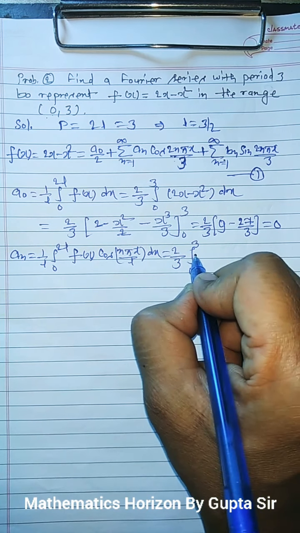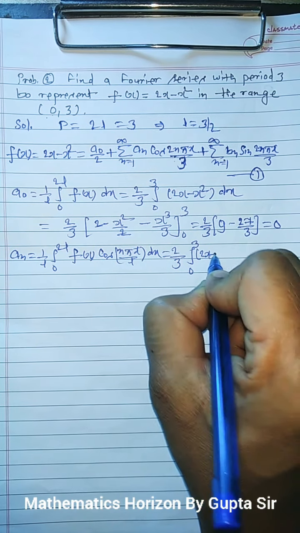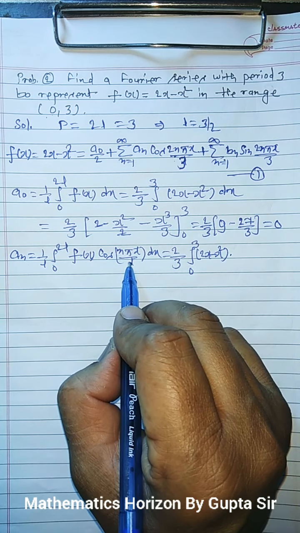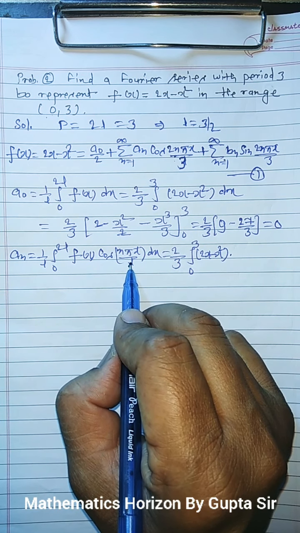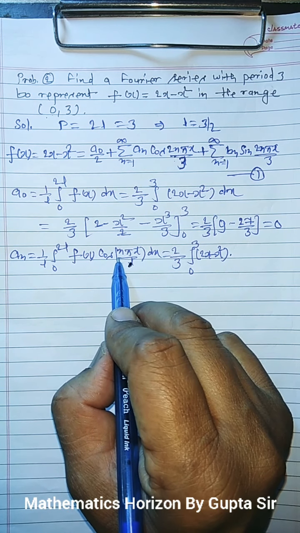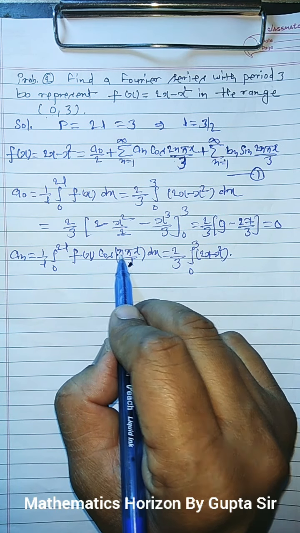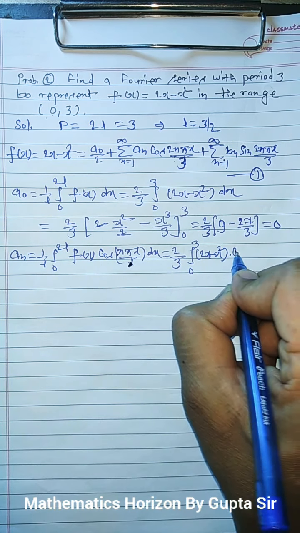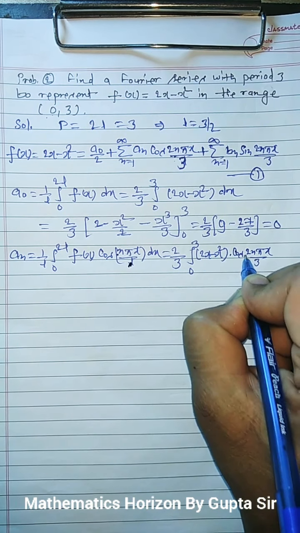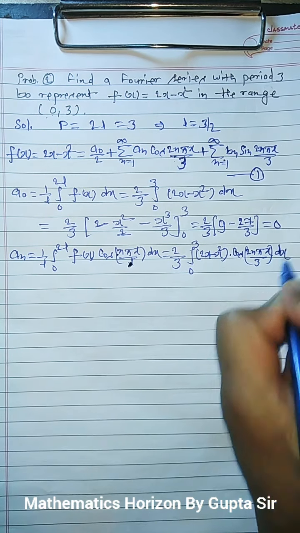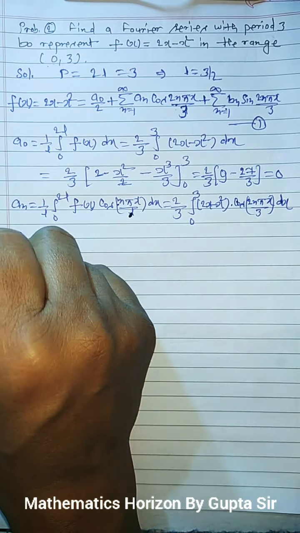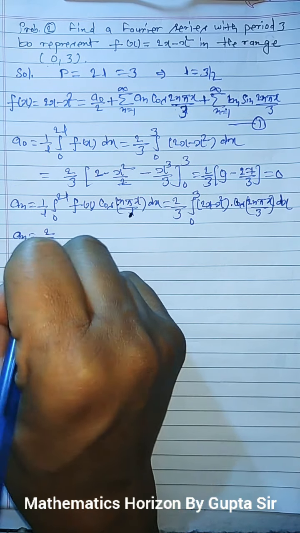Here f of x is given, 2x minus x square, and when we put L equal to 3 by 2, that 2 will go to the numerator. Here we have 2n pi x, that is cos 2n pi x upon 3 dx, that is n equal to 2 upon 3.